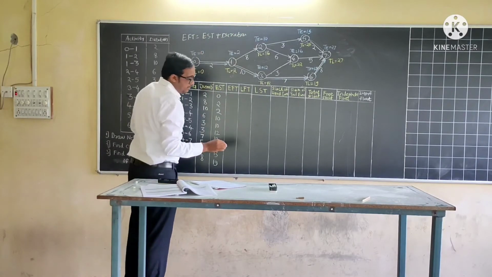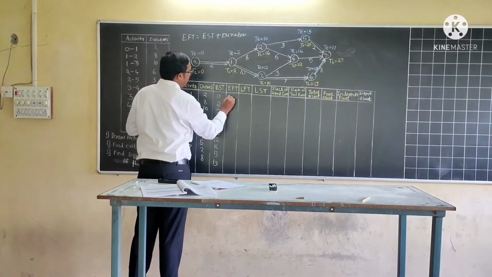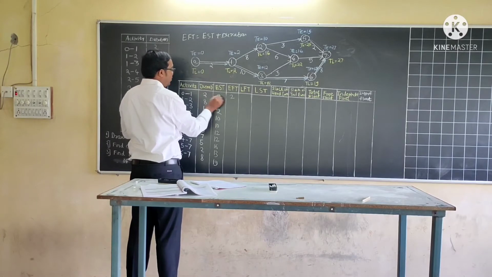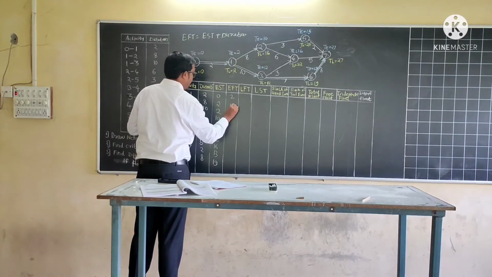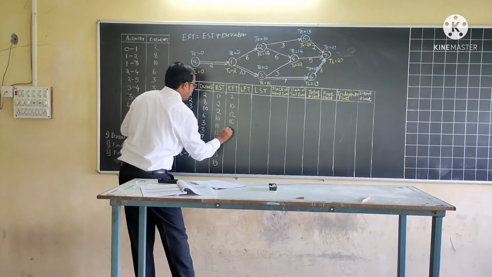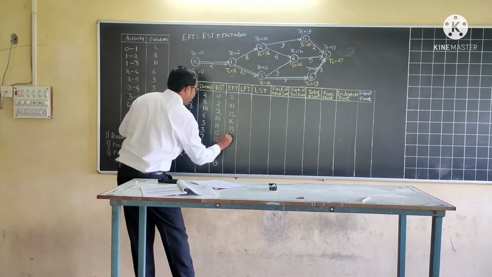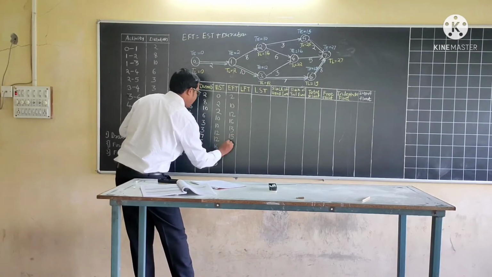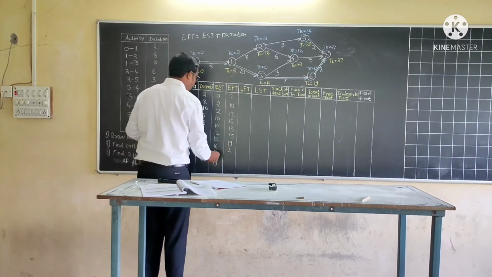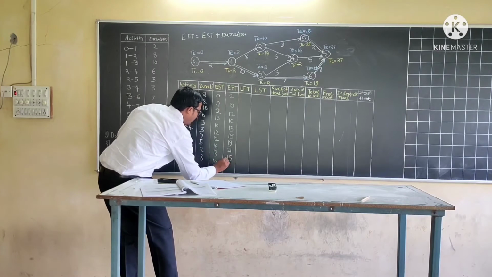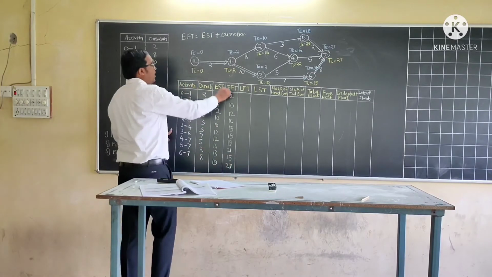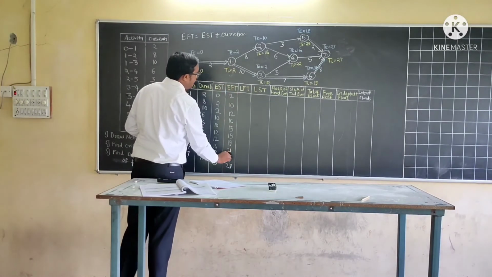So 0 plus 2 is 2, 2 plus 8 is 10, 10 plus 6 is 16, 10 plus 3 is 13, 12 plus 3 is 15, 12 plus 7 is 19, 16 plus 5 is 21, 13 plus 2 is 15, 19 plus 8 is 27. So in this way all early finish time values are calculated.